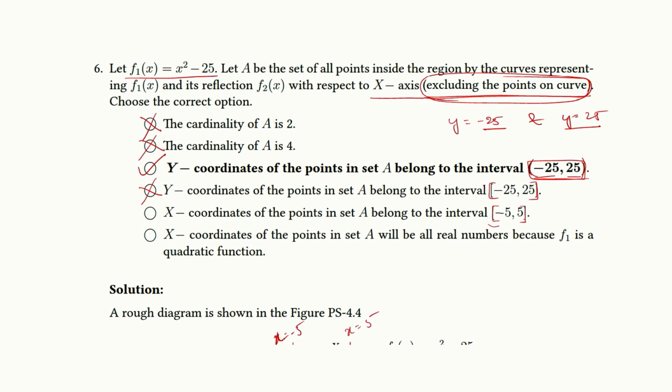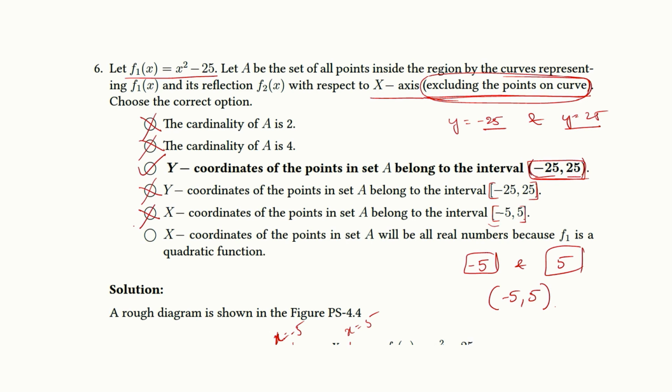No, this is also false, because any point inside this region will have x coordinates between minus 5 and 5, but it won't include minus 5 and 5. It should be the open interval minus 5 comma 5, then it will be true.